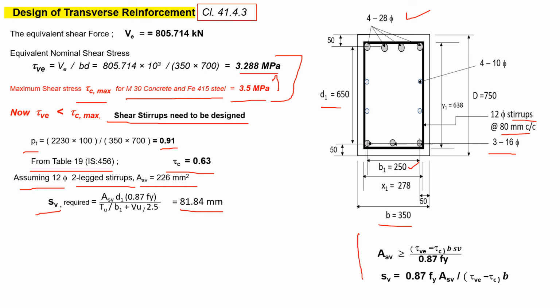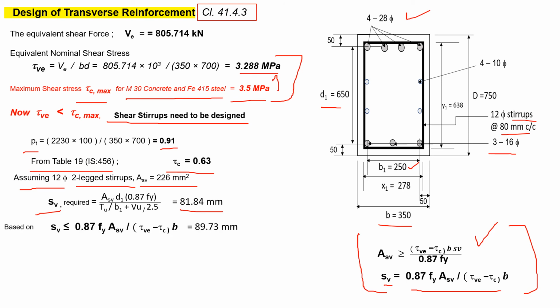Now here you have to note down another point. This is the formula which is given in IS 456, so based on this formula we have to calculate the spacing. The spacing comes out to be 0.87 Fy Asv divided by (tau V minus tau C) into b. Putting the values here, we get that SV should be less than or equal to 89.73.